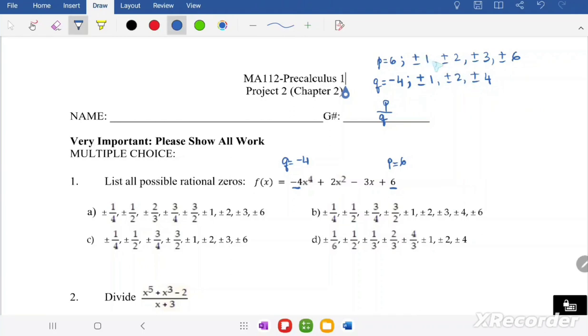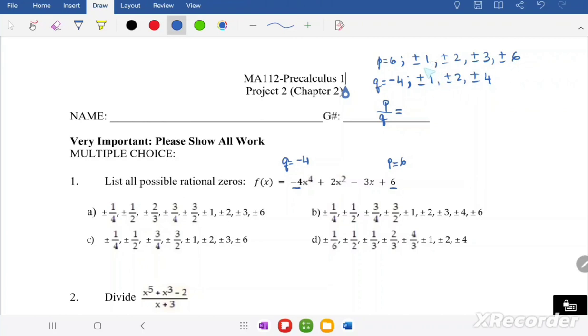And then you have to form ratios with plus minus 1 over plus minus 2, plus minus 1 over plus minus 4. So all possible ratios, combinations of P's and Q's, must be put into ratios. All right. So let's do that. We'll first use the plus minus 1 of Q and run the list.